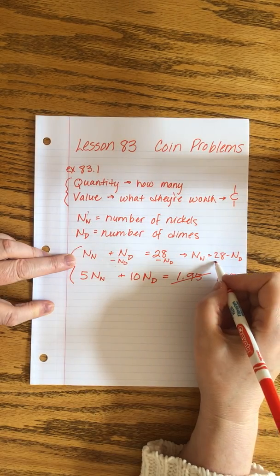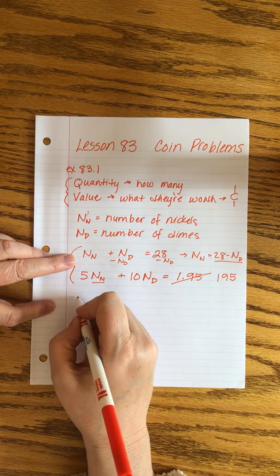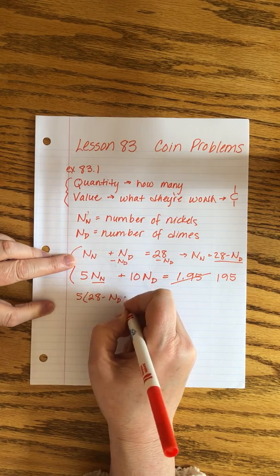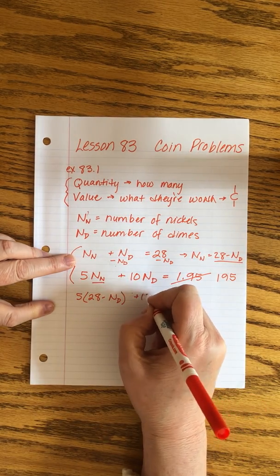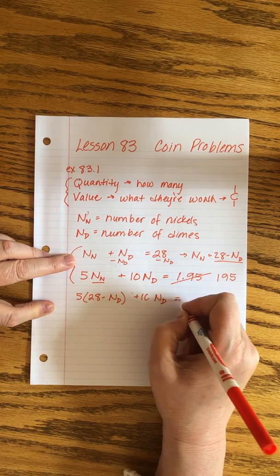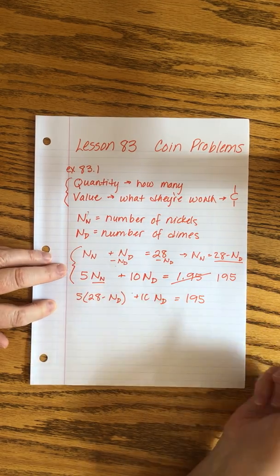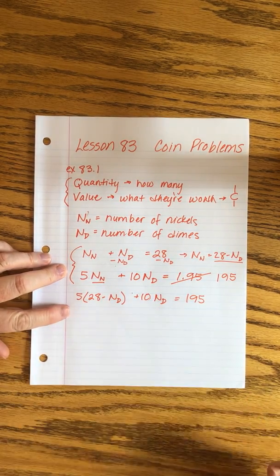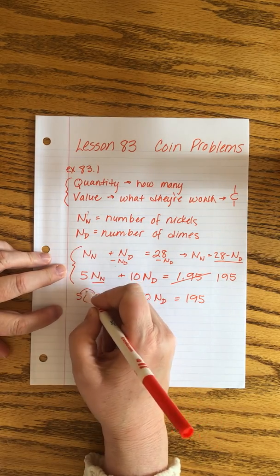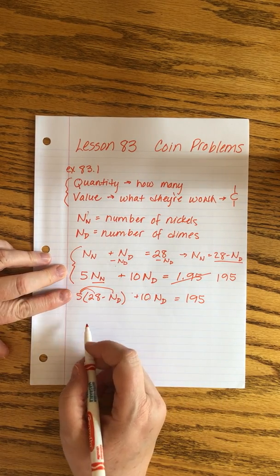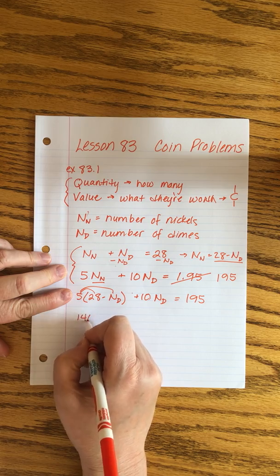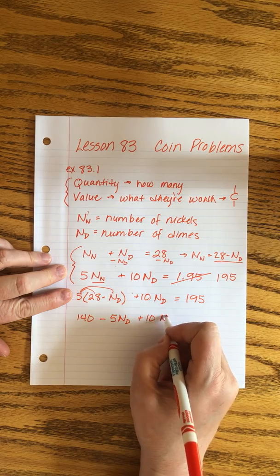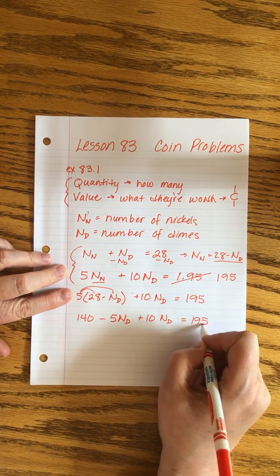Okay, then I'm going to substitute that into this. 5 times the weird thing that we're substituting plus 10 times the number of dimes equals 195. Decimal gone. And the other thing I always check once I've substituted is I should just have one variable now, and I do. Yay. All right, we better distribute. That will be 140 minus 5 times the number of dimes plus 10 times the number of dimes equals 195.